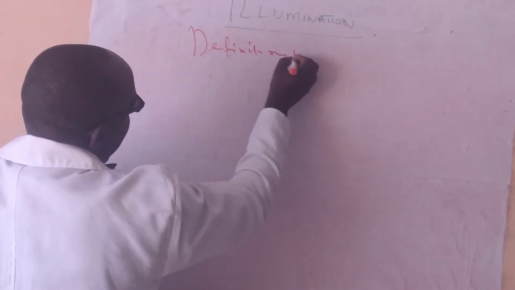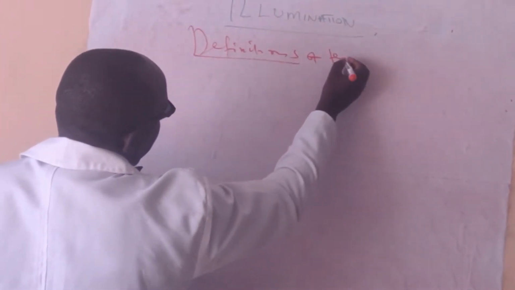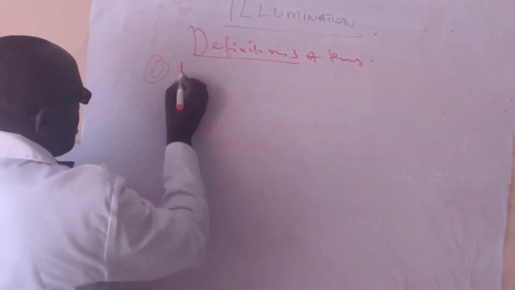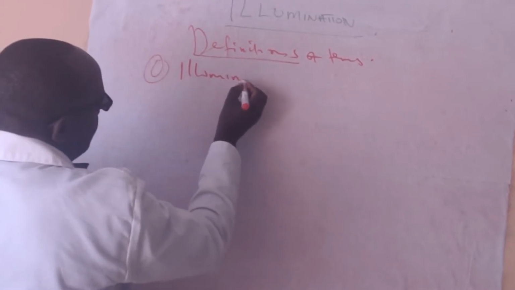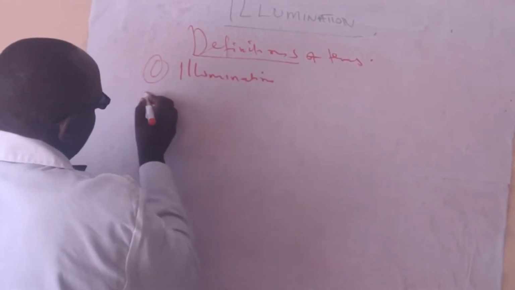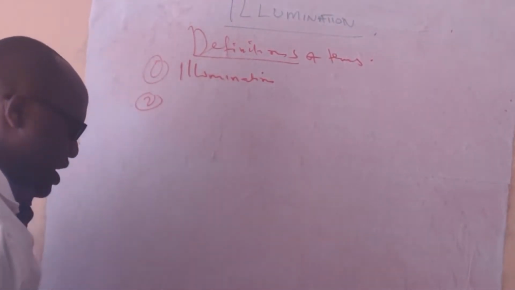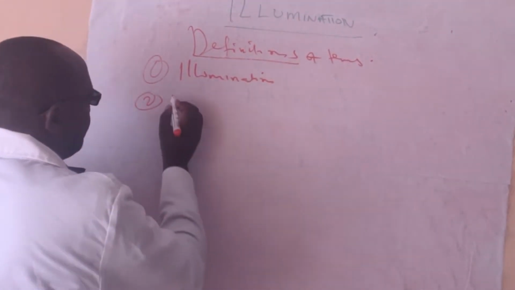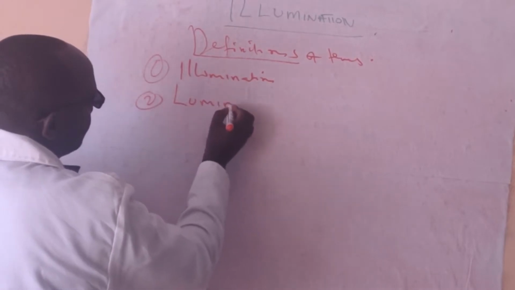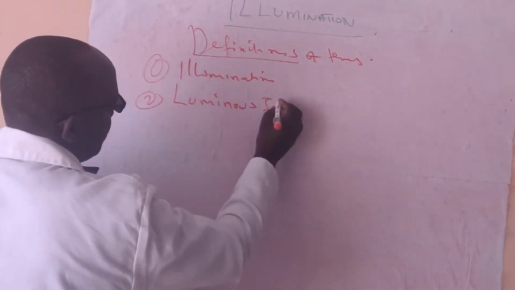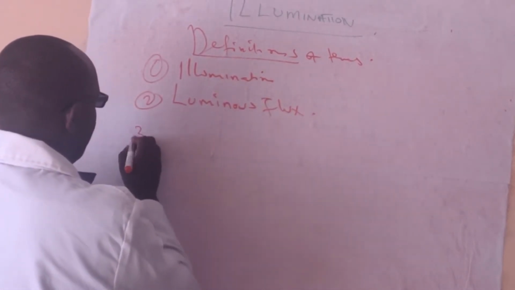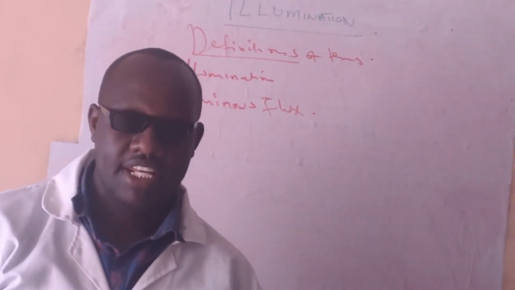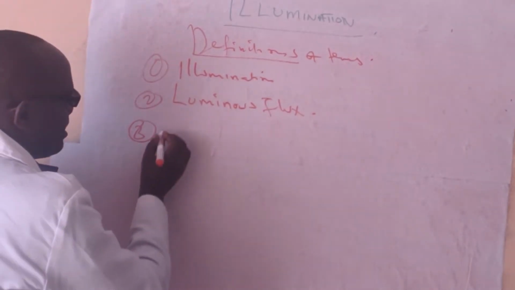So we start with the definitions of terms. The first term is illuminations. Number two is luminous flux. Three, we are also supposed to define another term known as luminous intensity.